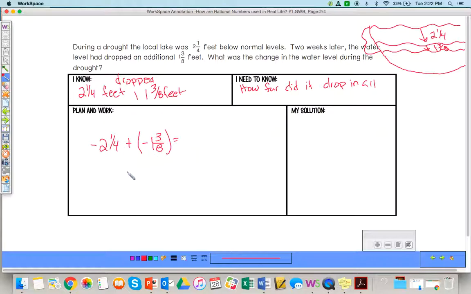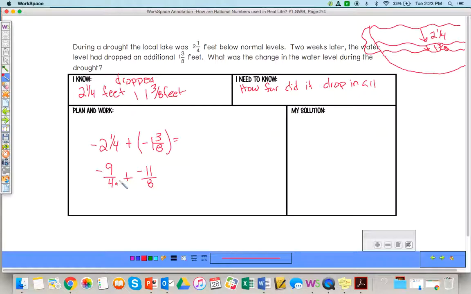So we have to do this math problem. Negative 2 1/4 plus negative 1 3/8. We have to change both of these to improper fractions. So we get negative 9/4 plus negative 11/8. We have to make this into a fraction that has a denominator of 8.